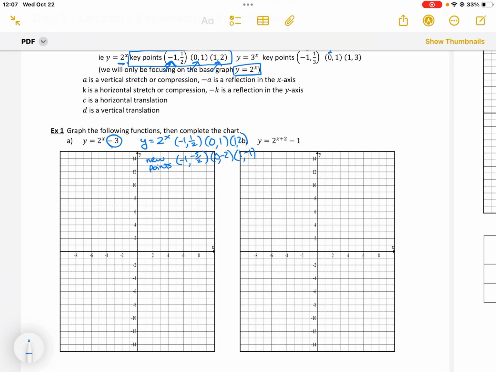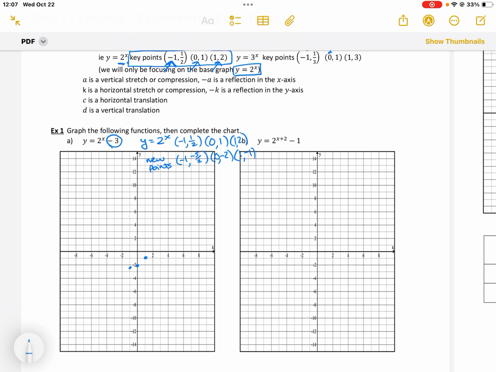I'm now going to plot those key points on there. So I've got -1 and -2.5. Then I've got 0 and -2, and then I've got 1 and -1. The other feature that you need on your exponential function graph is an asymptote.